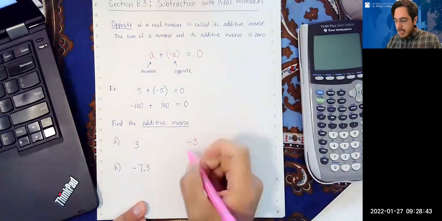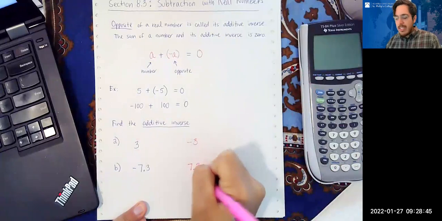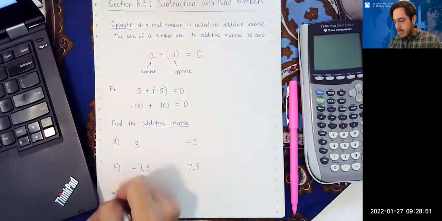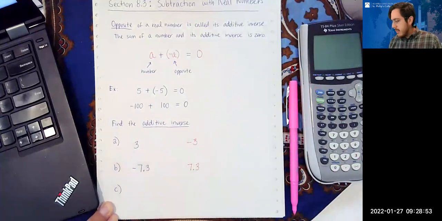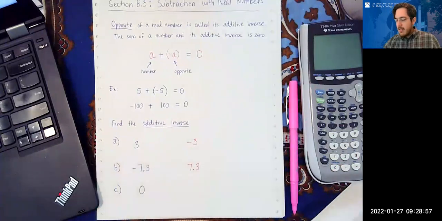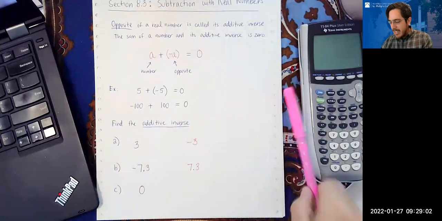And we don't have to put a plus sign in front of that. We understand that if we don't have a sign, like a minus sign or a positive sign, that is automatically positive. And if I ask you, what is the additive inverse of 0? 0. Yeah, great.